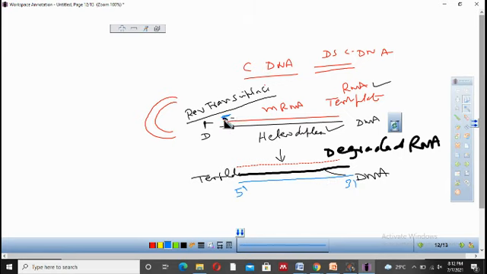Here it was 5 to 3, then this template was 3 to 5, again this 5 to 3. This is possible by means of the Klenow fragment. It means that the template was the single stranded cDNA, and the double stranded cDNA was formed due to the large fragment of DNA polymerase 1.